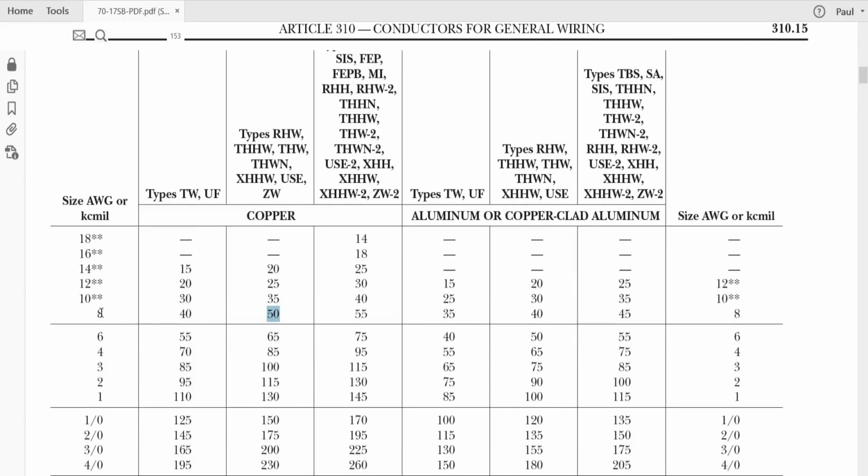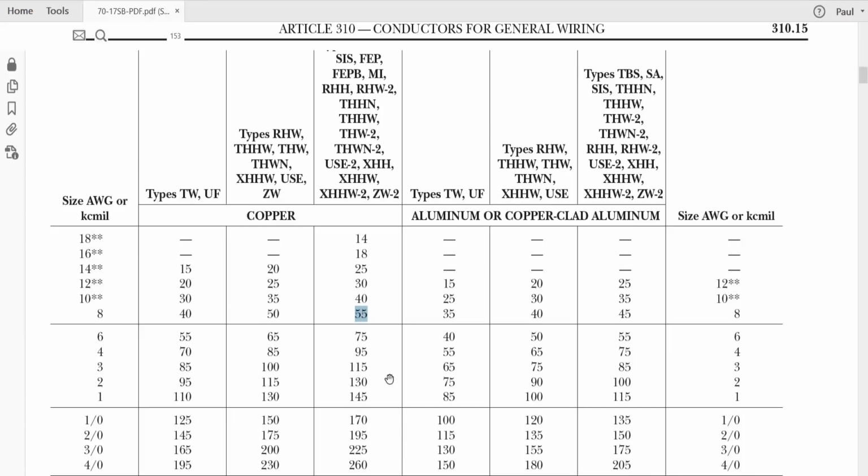We were at 8 last time, so let's just see if the 8 still works. Okay. All right. So there it looks like 55. So if we look at our example, we were at 53.57. So it looks like, oh, okay, well, an 8's going to work. 8's not a problem.